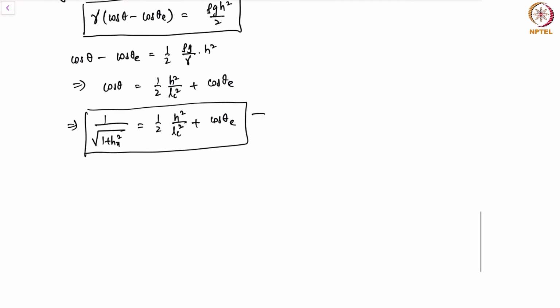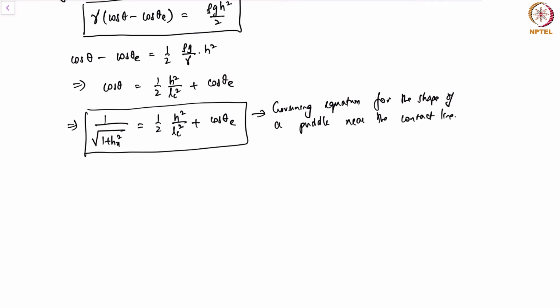This is the governing equation for the shape of a puddle near the contact line.